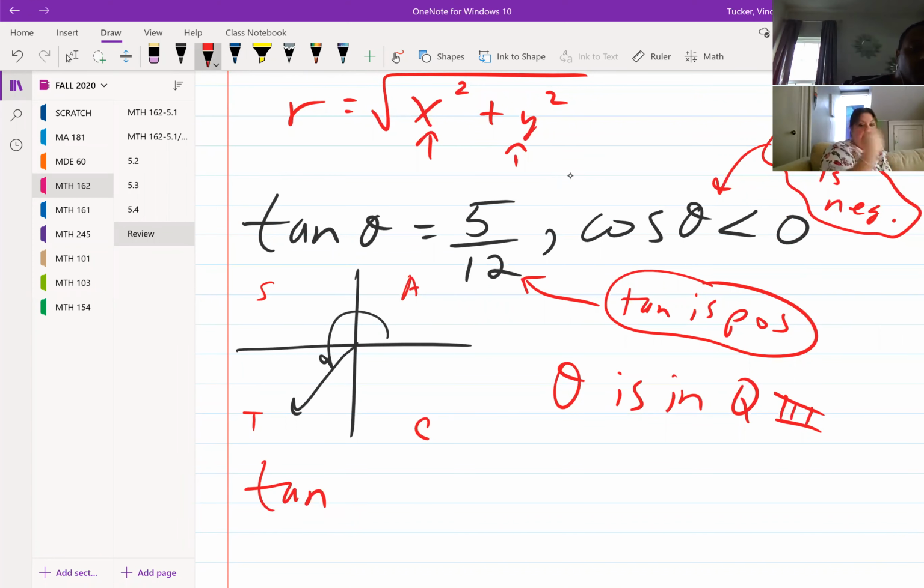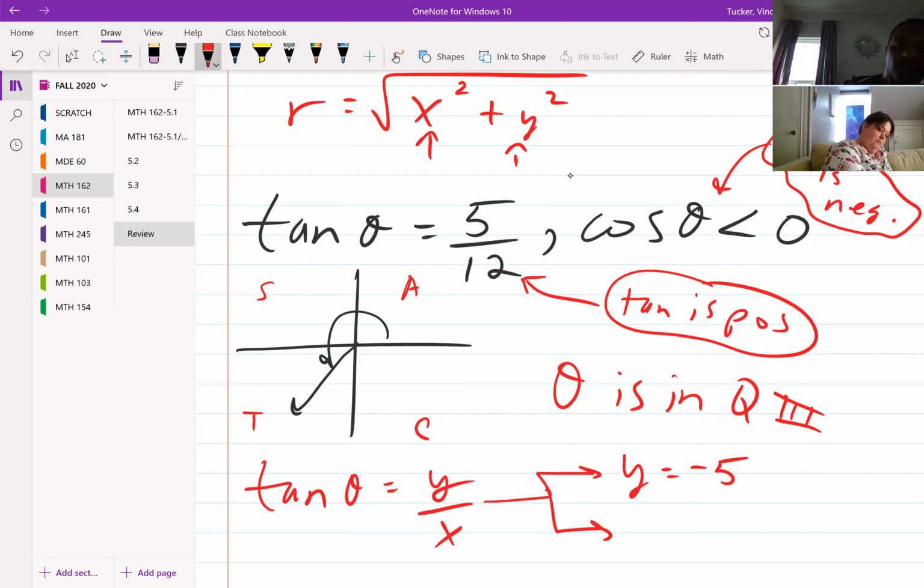So tan theta is y over x. So if that is the case, that means y is equal to -5, x is equal to -12.